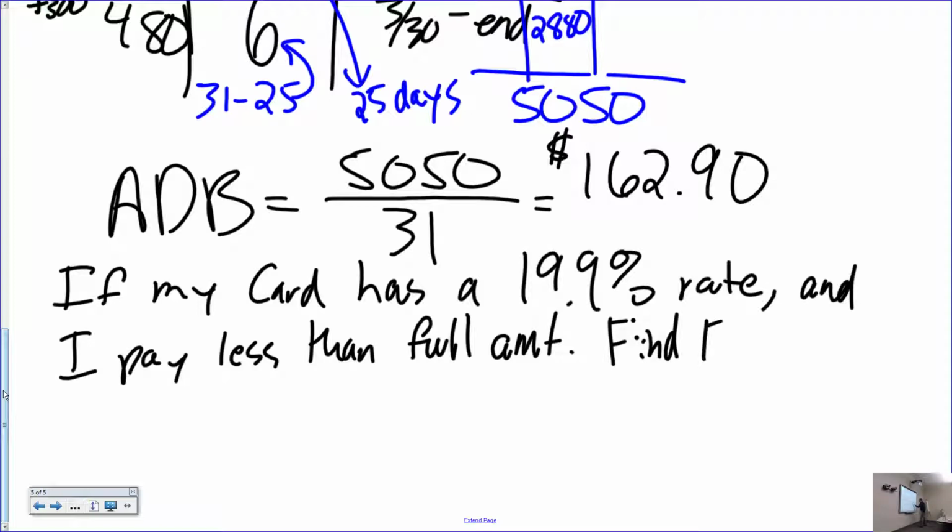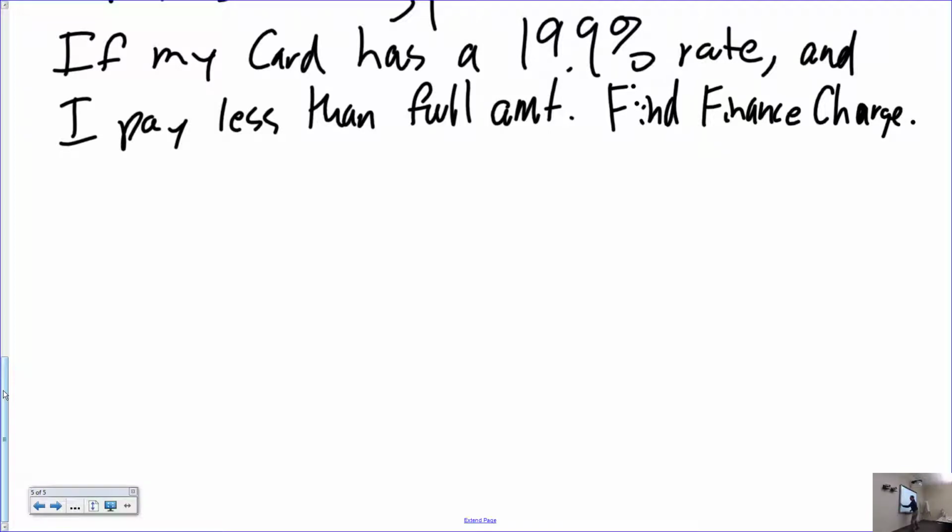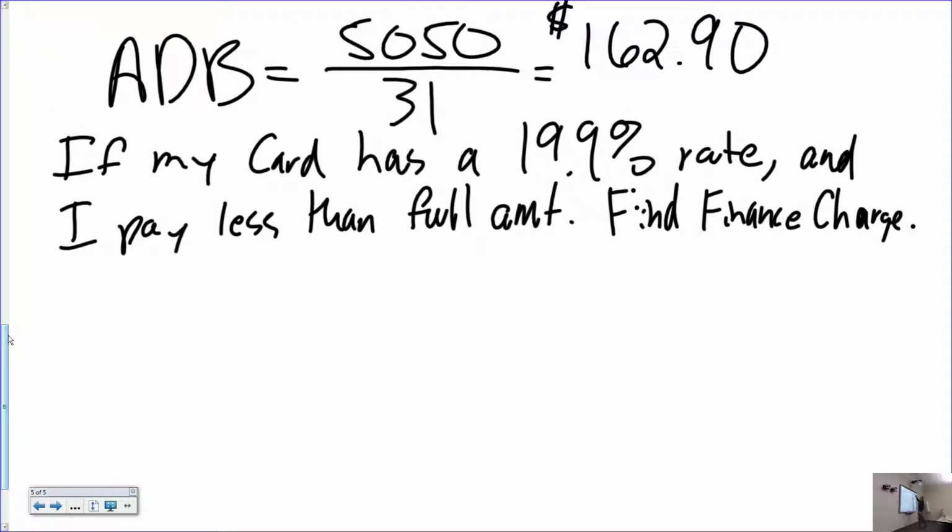This is where you take the rate times that. This is where you use I equals PRT, and you use the average daily balance as your P.